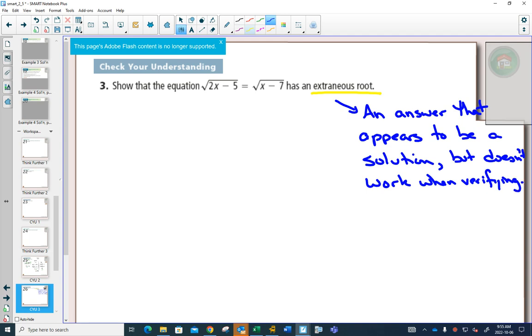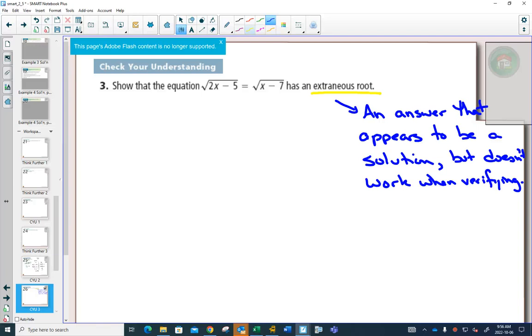So sometimes in square root equations or in radical equations, we get an extraneous root. An extraneous root is an answer that appears to be in a solution because you solved for x using all the strategies you've learned, and you got an answer. And you're like, woohoo, this looks good. But when you actually verify it, it does not work.